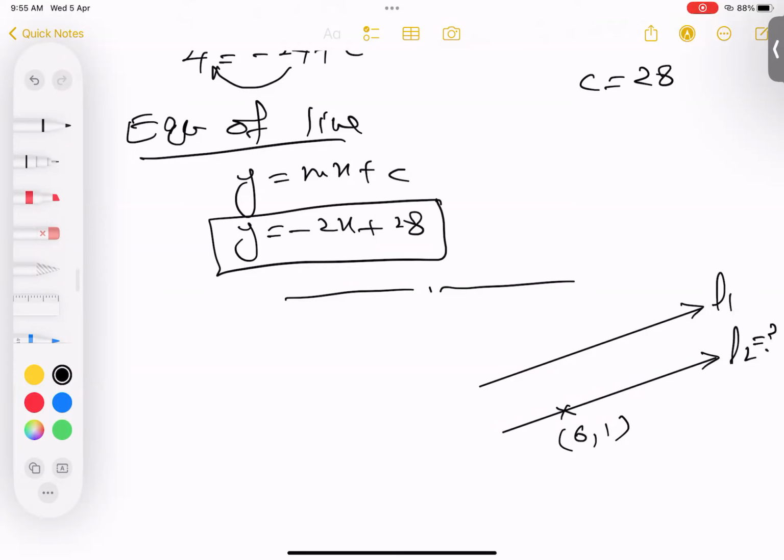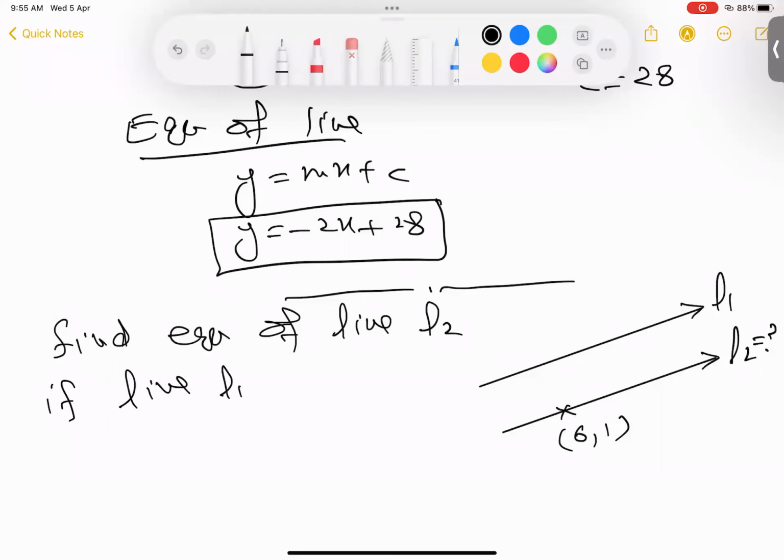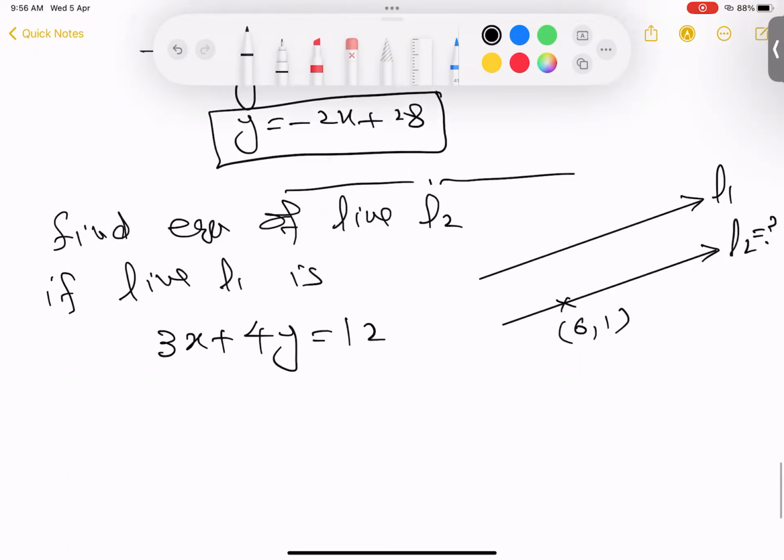Find the equation of line L2 if the equation of line 1, with a change, is 3x plus 4y equals 12. Your time starts now. All of you solve this question, then I will give it. Inshallah, I'll solve it myself. Go ahead.